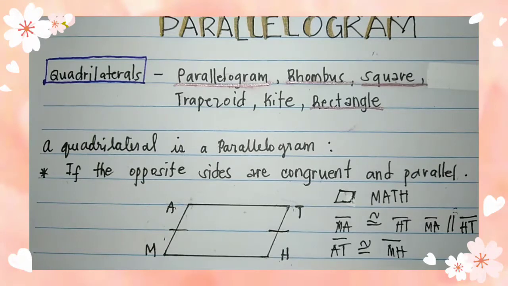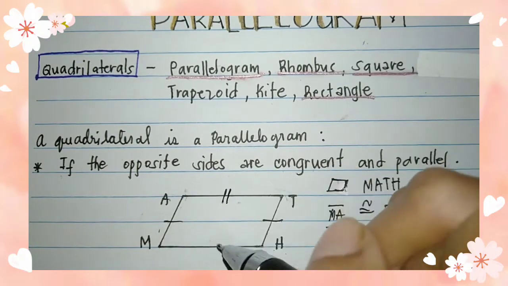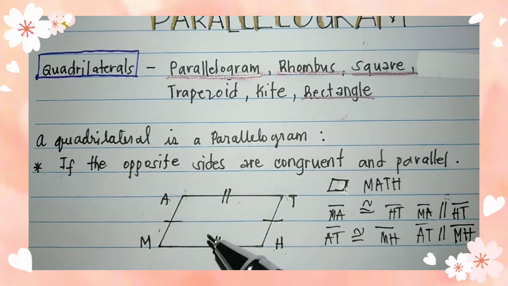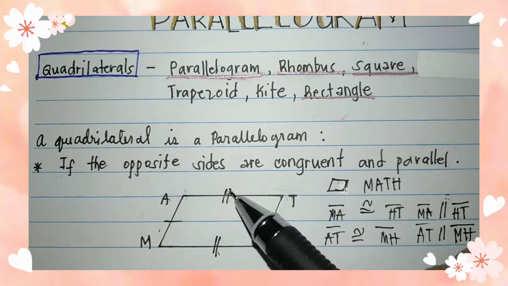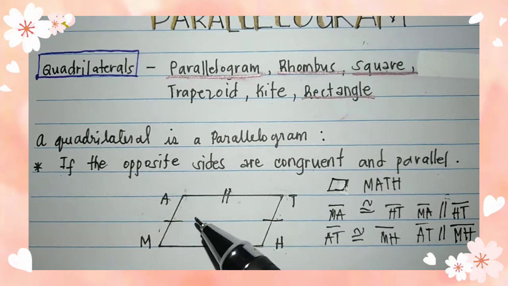Okay? Of course, they are also parallel to each other. So, syempre, lagyan din natin sila ng tick marks. Ayan. So, ibig sabihin, itong sides na to are congruent and parallel, and itong sides na to are congruent and parallel. Hindi pwedeng isang tick marks lang din yung ilagay natin.